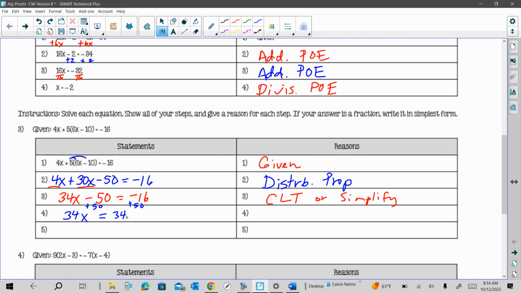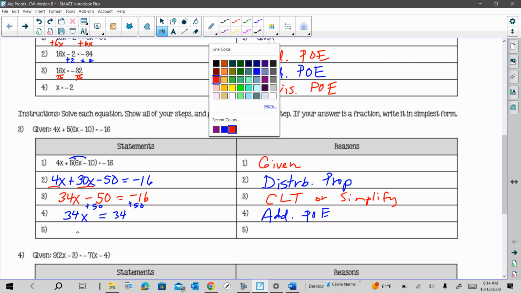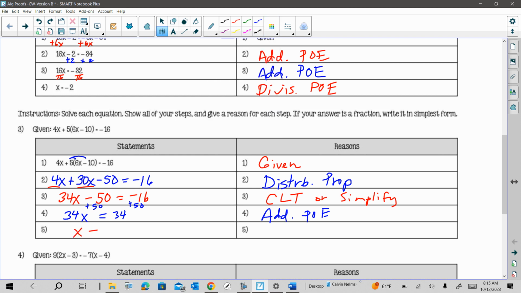Because we added 50 on both sides, we used the addition property of equality. Then our last step would be to solve for x by dividing 34 on both sides. So x here would be equal to 1 using our division property of equality.